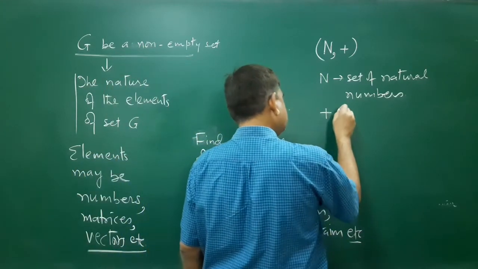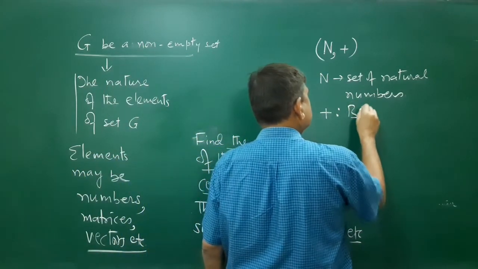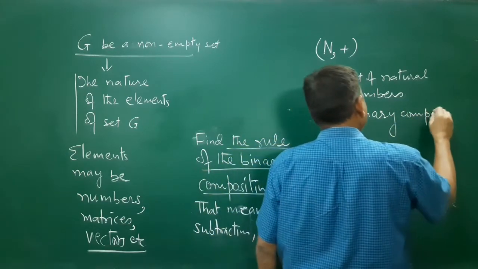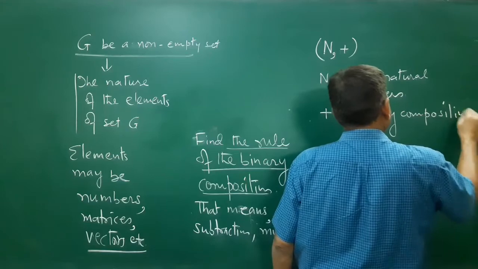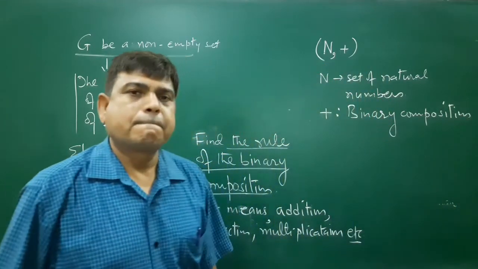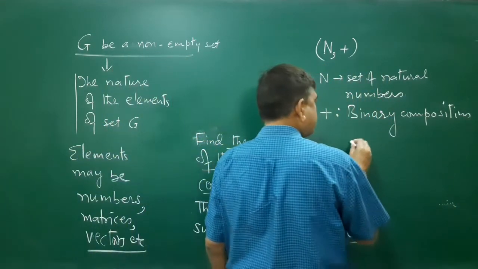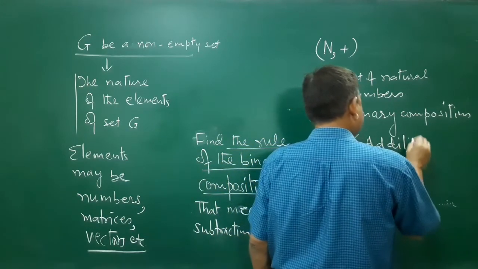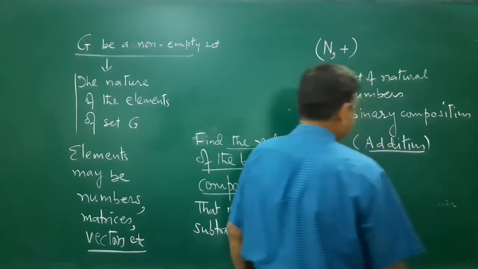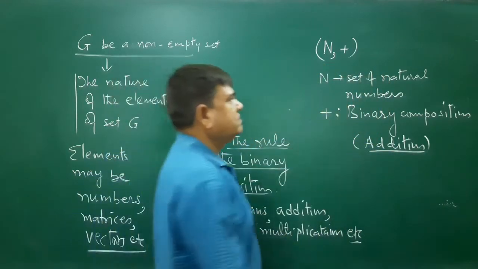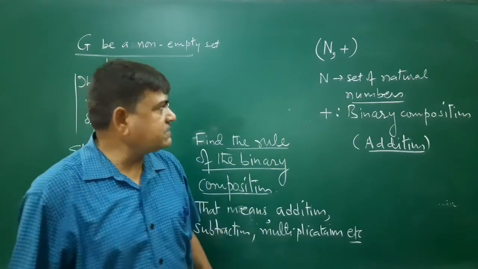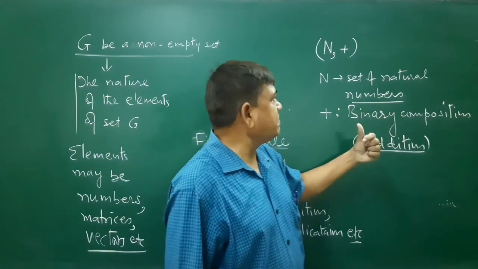This is binary composition. Set of natural numbers: the nature of the elements is numbers. Which type of numbers?